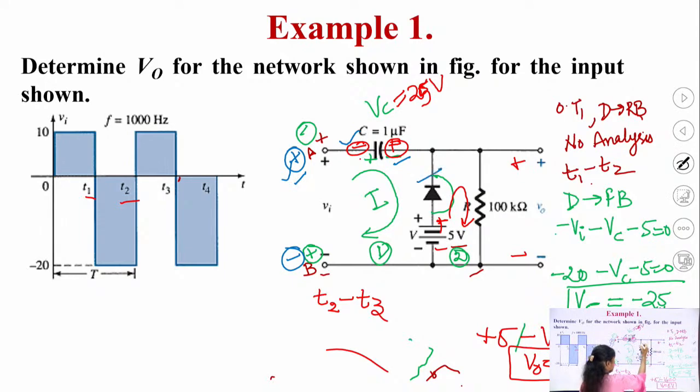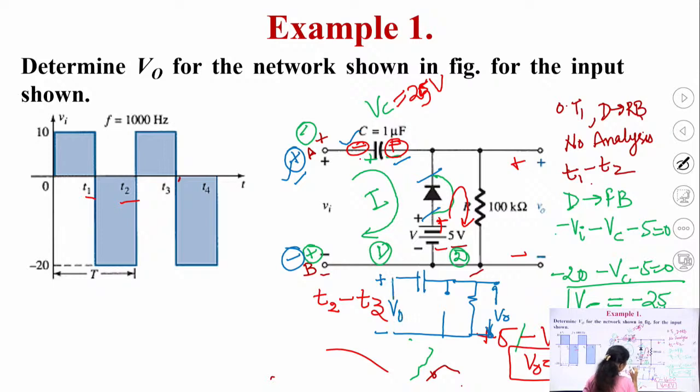So, it will be open circuit, and the equivalent circuit would be: this is open and this is RL. Here we are measuring the voltage V naught. This is plus and minus Vi. This is minus and plus Vc, and this is plus and minus. So, this is the equivalent circuit.